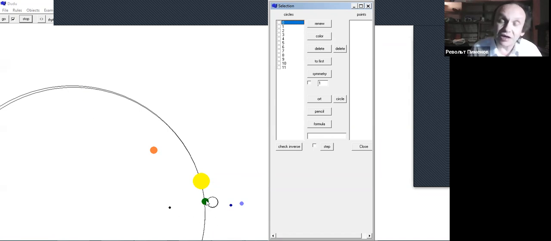If we think that the Earth is really the center of this circle, then the center will go along ellipses.